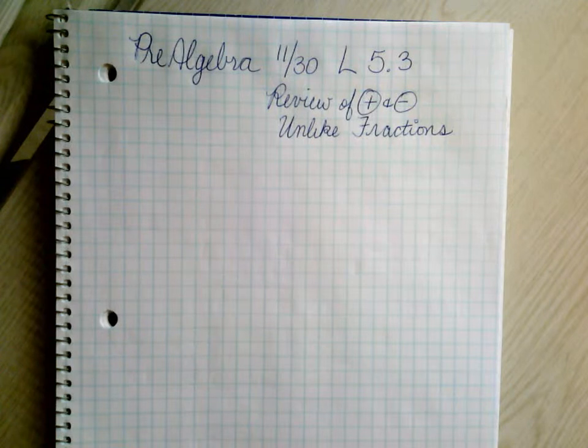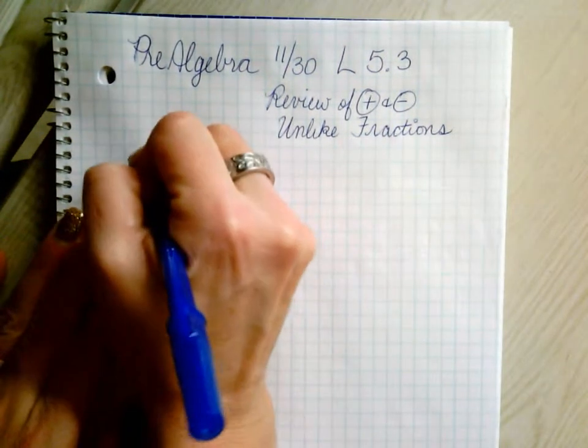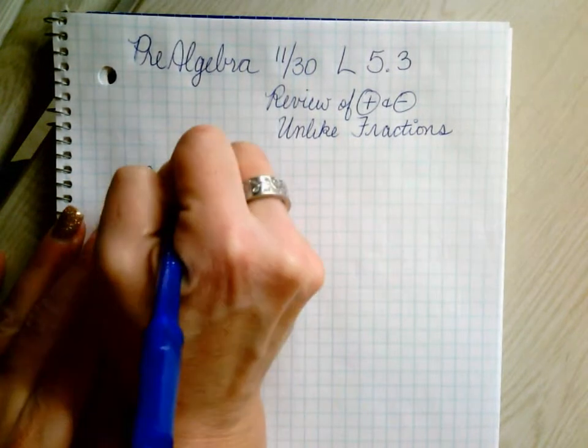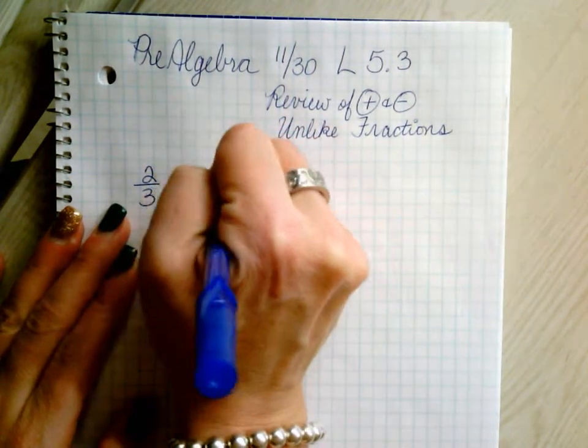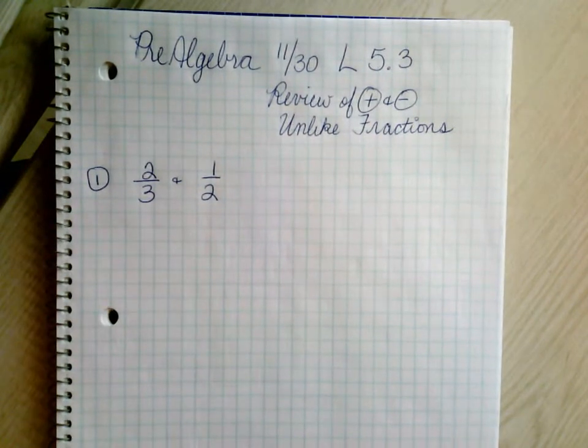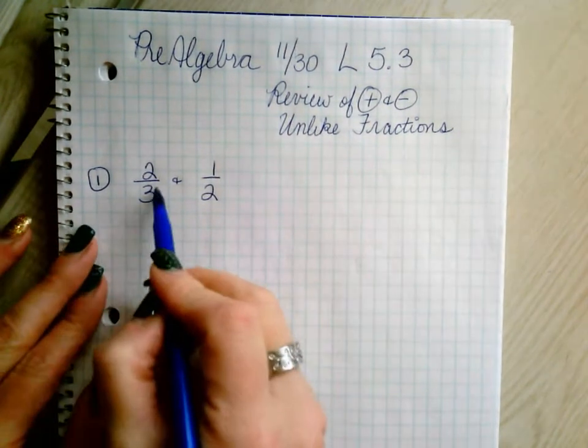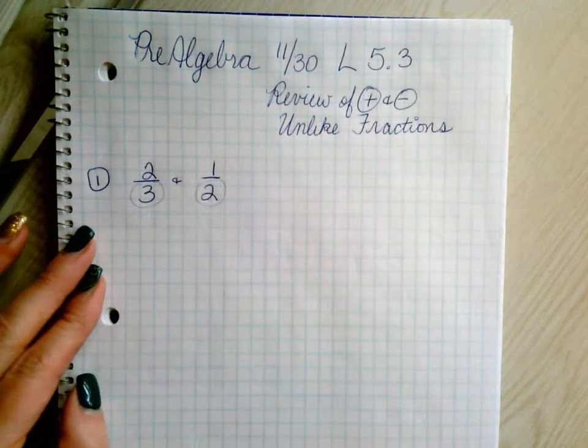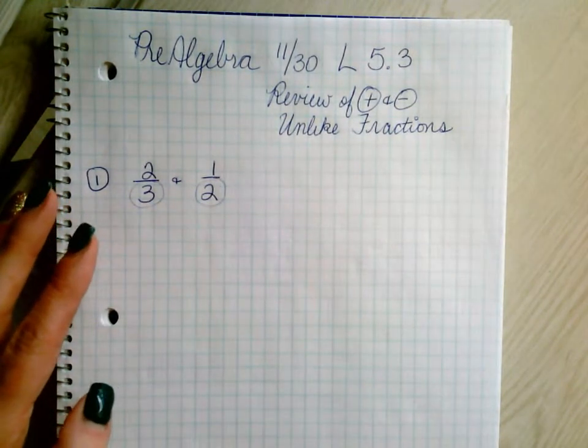Make sense so far? Example 1 in the guided practice says, what is the lowest common denominator of 2/3 and 1/2? So the question they're asking is, if you were to add these two items, what would you change 3 and 2 to?